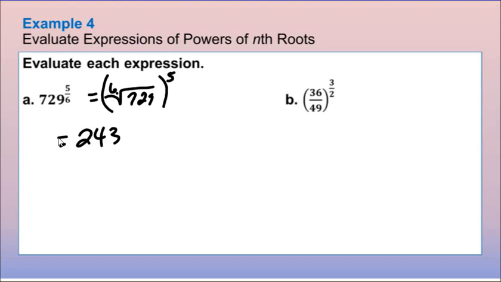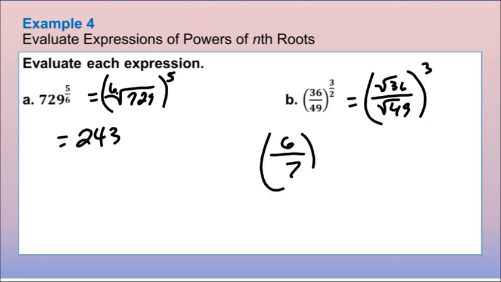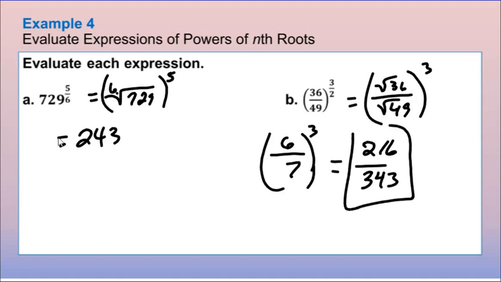Next one, 36 over 49ths. If I find the square root of 36 and the square root of 49, and then cube all my answers, I would end up with 6 over 7. And then if I cube that, 6 cubed is 216. 7 cubed is 343. So our answer would be 216 over 343.